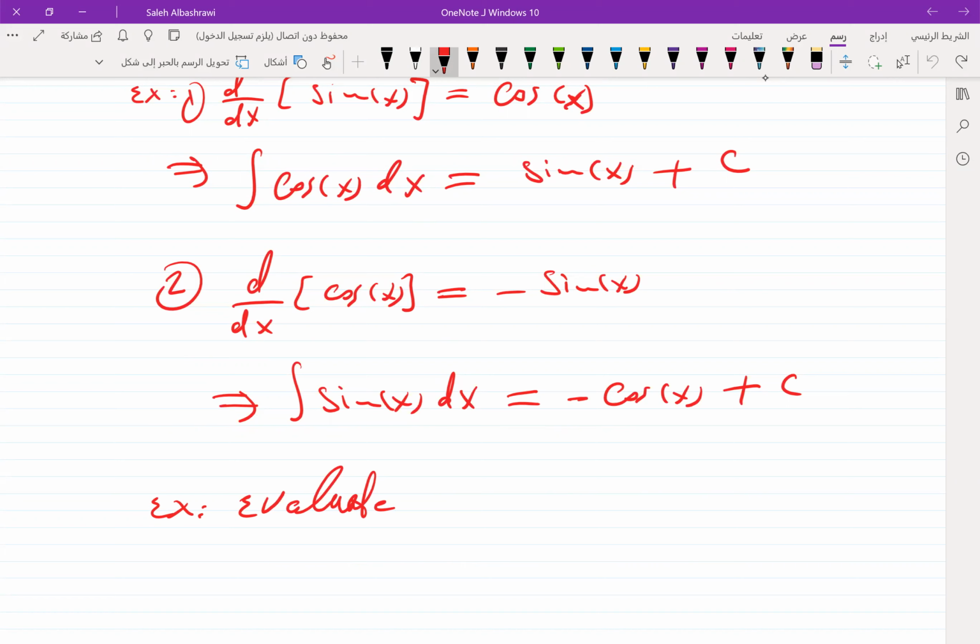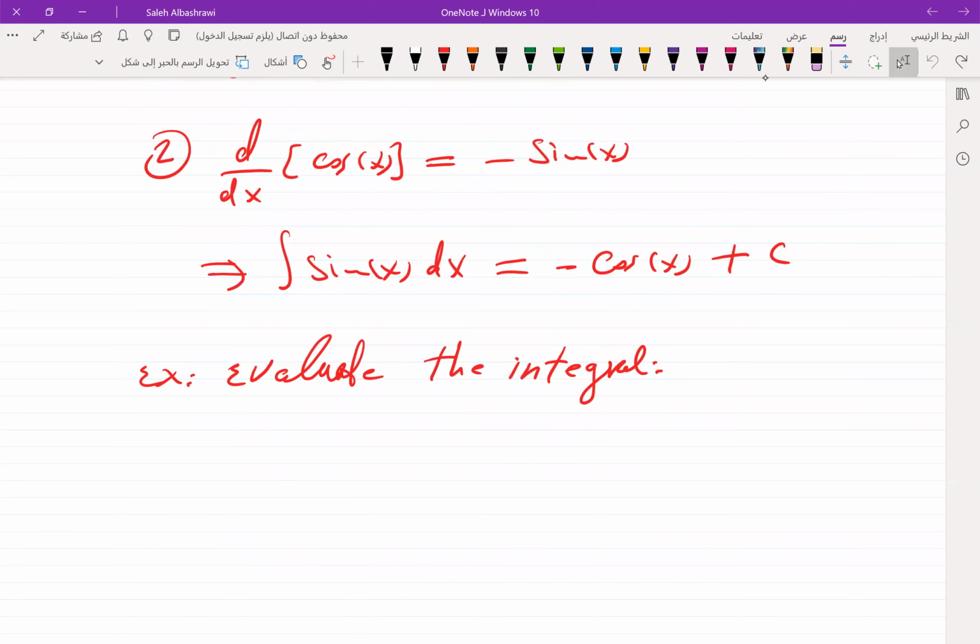Evaluate the indefinite integral of secant of x divided by sine x dx.